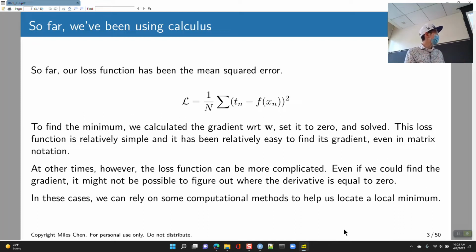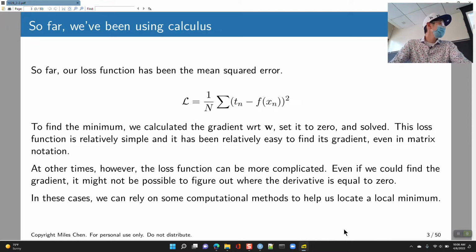A lot of times, though, the loss function gets more complicated. Later in this course, we'll take a very shallow introduction to neural networks, and inside a neural network, the way you calculate the loss function gets more complex.